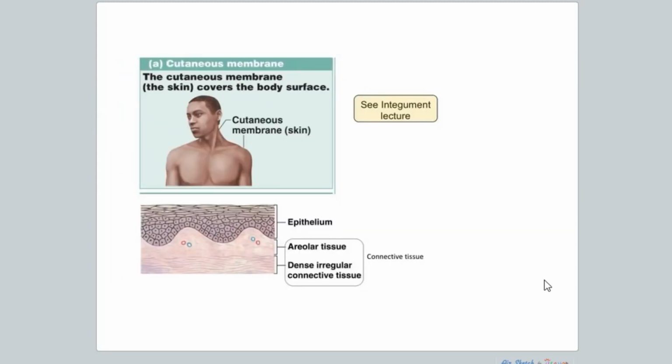So I'll just touch on the cutaneous membrane here, also called the skin. Again, the cutaneous membrane covers the body surface. It's the thin layer of tissue that covers the body surface. And this is the anatomy of the cutaneous membrane. So we have a layer of epithelium, and then underneath that we actually have two layers of connective tissue.